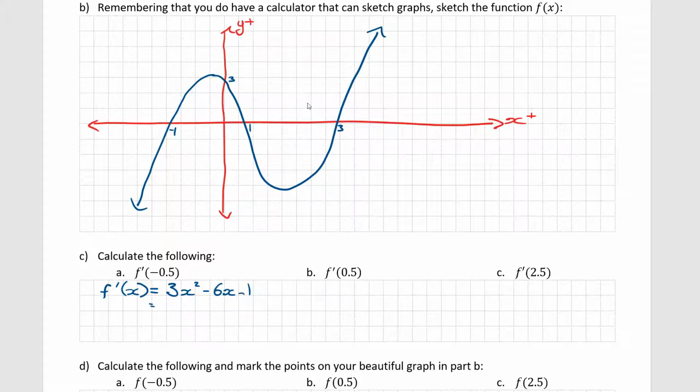Now, going for negative 0.5, we're going to get f dash of negative 0.5. Every time we see x, we have to replace it with negative 0.5. Then using the calculator to evaluate this, we end up with 2.75.